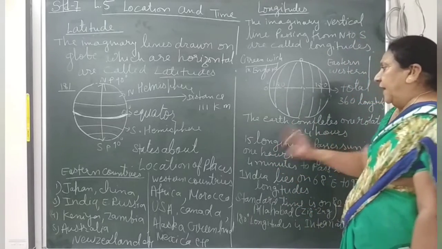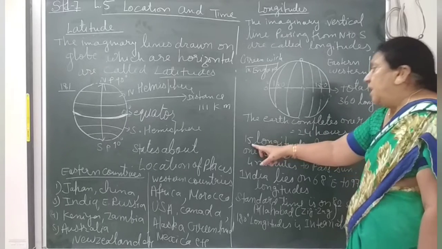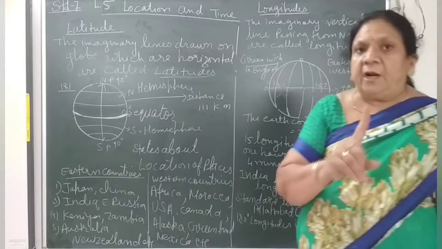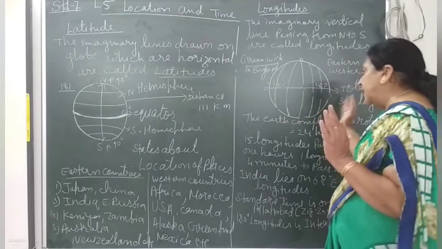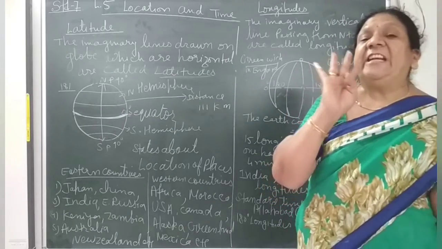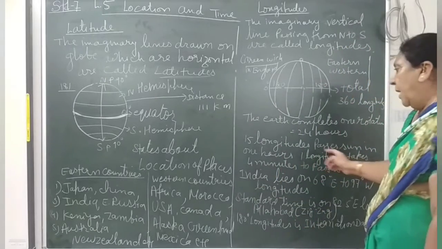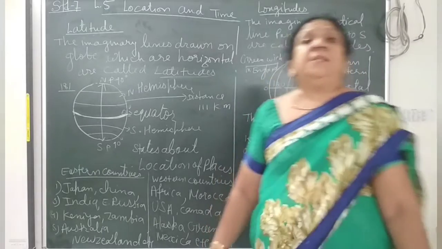So of the 360 longitudes, 15 longitudes pass the sun in 1 hour, and each longitude takes 4 minutes to pass around the sun. So it depends on this.